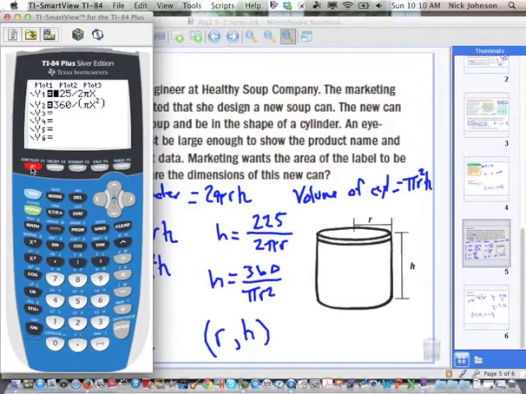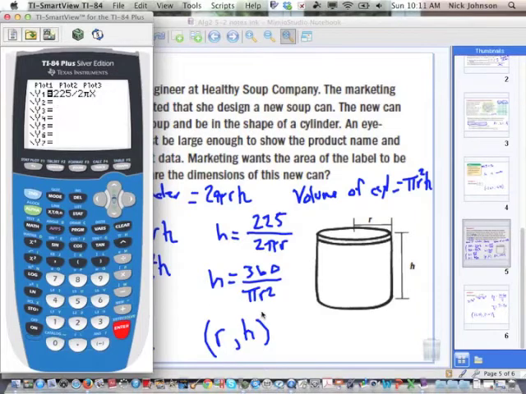So y equals, and we're going to type in 225 divided by 2 pi, and r is our x, so I put that in there.